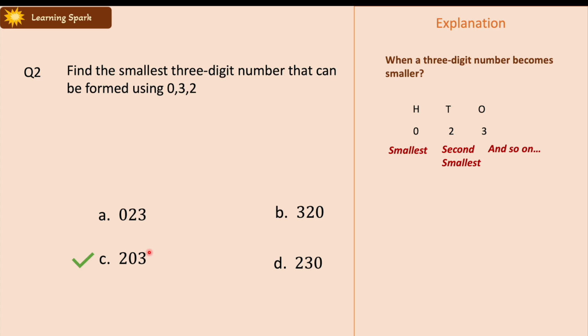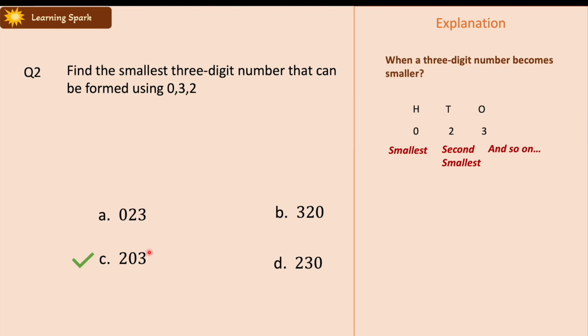If you want to make a 3-digit number smallest, you put the smallest digit available in the hundreds place. Here we are supposed to put 0 because 0 is the smallest digit available.